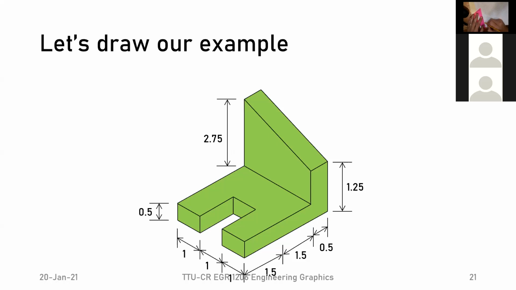We'll see. 2, 4, 6, 8, 10, and 11. And then we can just connect those two. All right, remember we want to make nice strong lines, so that they are distinct from the background.